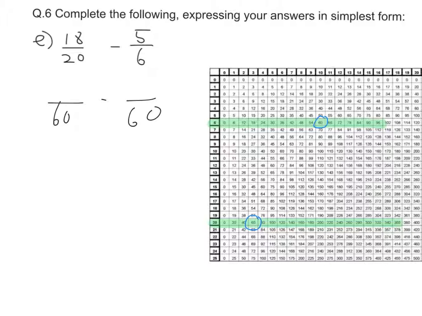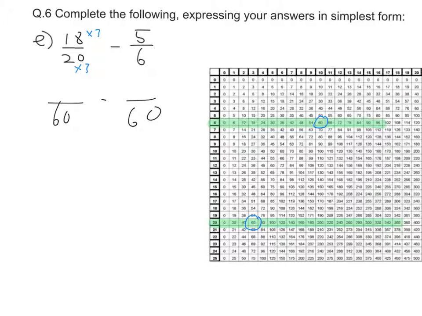Now 20 multiplied by 3 is 60. So that's how I got 60 here. So I multiply 20 by 3. Whatever I do to the bottom one, I do to the top. So 18 times 3 is 54.